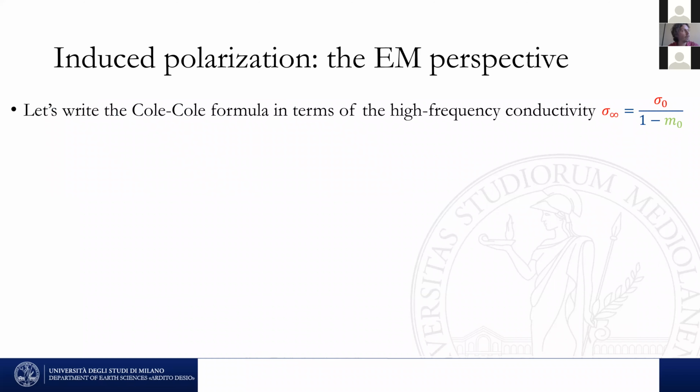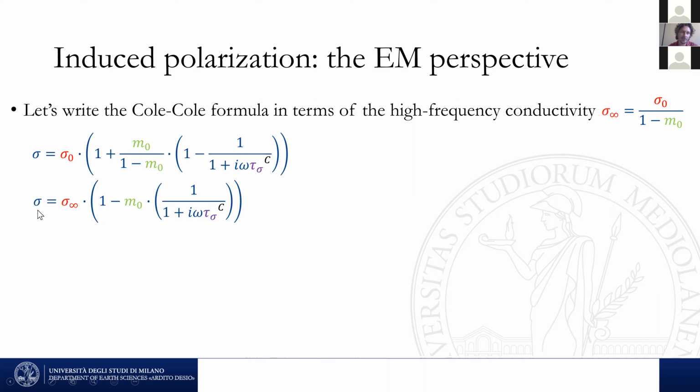For understanding how this formula plays a role in electromagnetic methods, it's actually easier to rewrite it. And we need to rewrite this formula not in terms of the DC conductivity, sigma 0, but in terms of the infinite frequency conductivity, sigma infinite. So if we now try to rewrite the formula in terms of sigma infinite, we get this. From this formula in terms of sigma 0, we go to this other formula where simply we expand this summation.